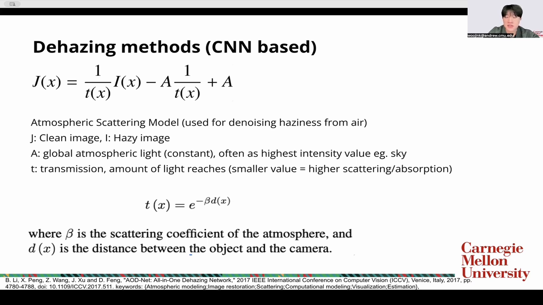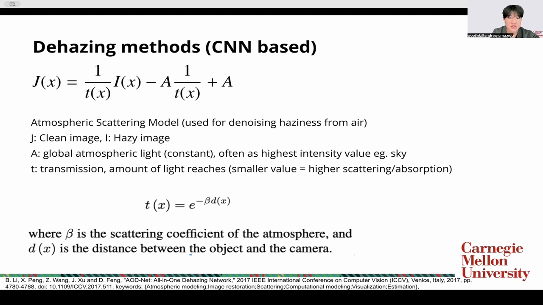The dehazing objective can be represented with the following equation, which is also called the atmospheric scattering model, where J is a clean image that we want, I is a hazy image that is our input, A is a constant for global atmospheric light, but often the highest intensity value in the image is used for this.